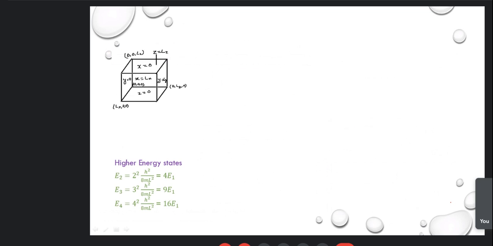This is what we have done in semiconductor physics. We did not solve this, but a direct result was given. States in that case, space.